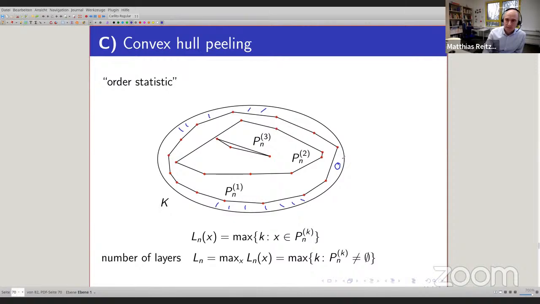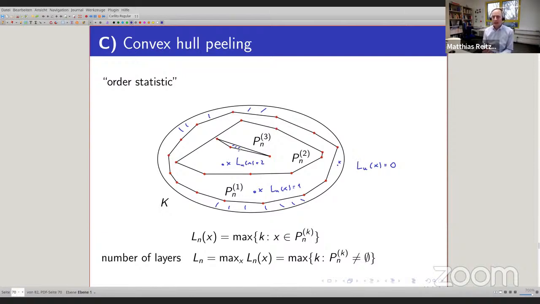All points x in between, so if x is here, then I say ln of x is equal to 0, because it is not in one of these extreme hulls. And then I have those points which are in the first convex hull Pn1. So if x is here, ln of x is equal to 1. And these are the points which are in the second convex hull, so ln of x is equal to 2 here, and in here in between it would be 3.